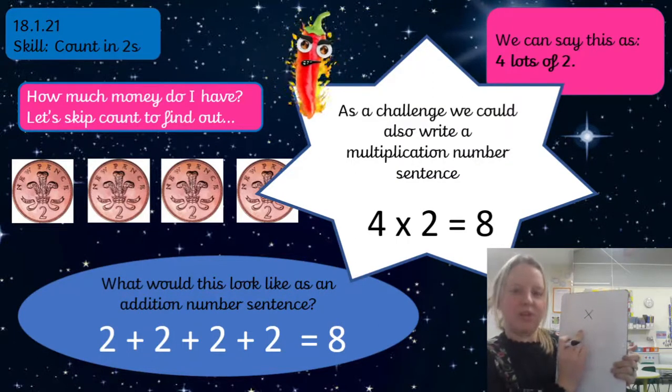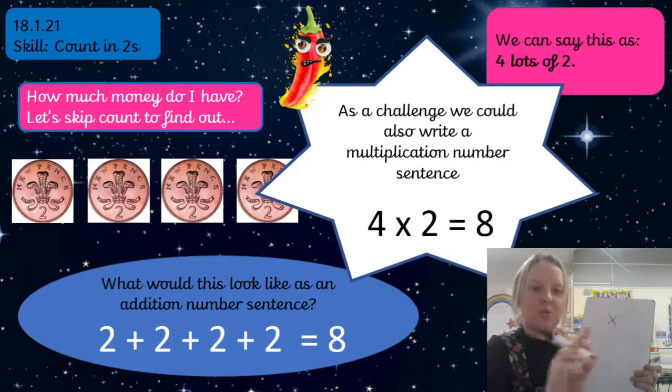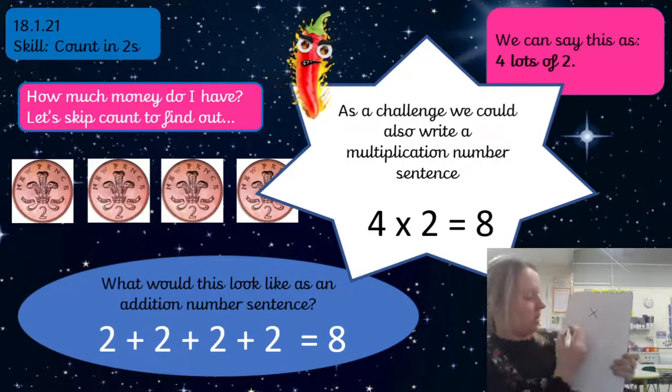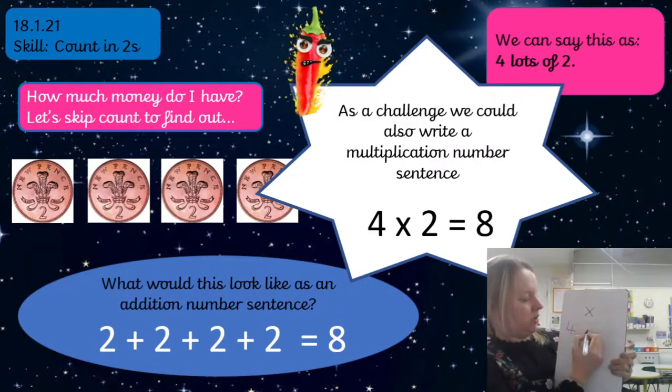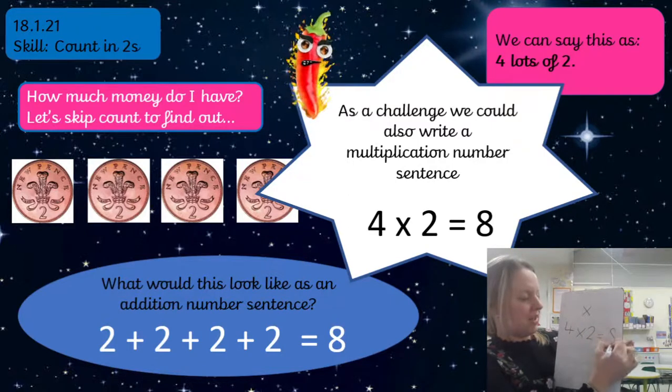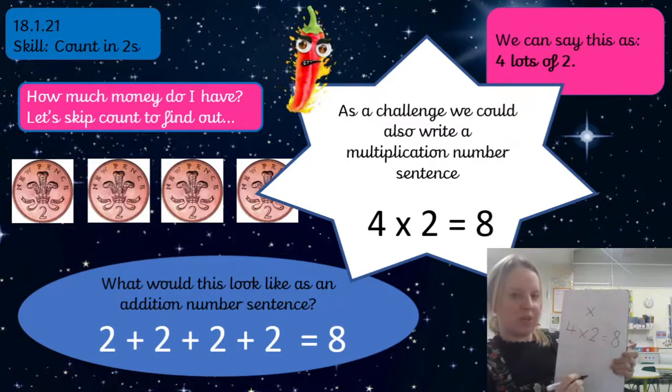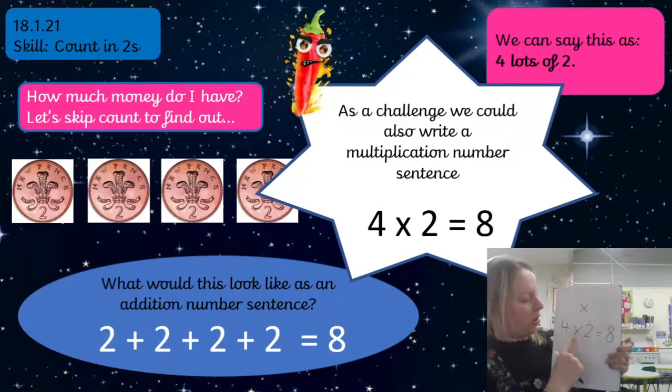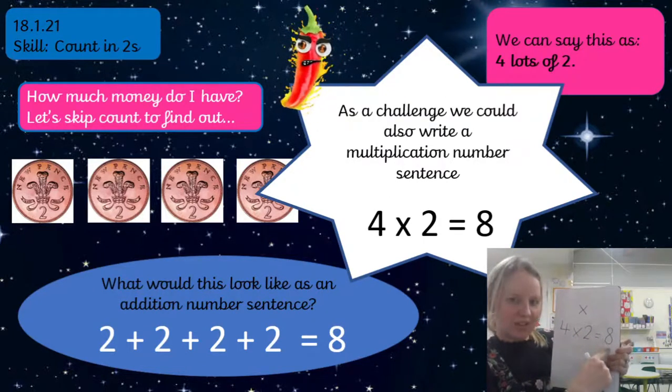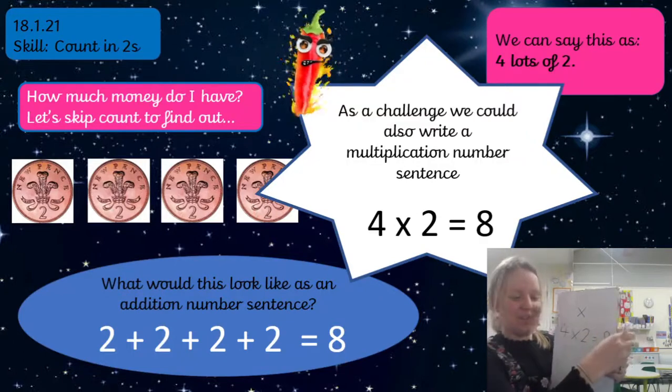And it also means lots of. So for our 2p coins on the screen now, we could write 4 times 2 equals 8, which also means 4 lots of 2 equals 8. You getting it? Super.